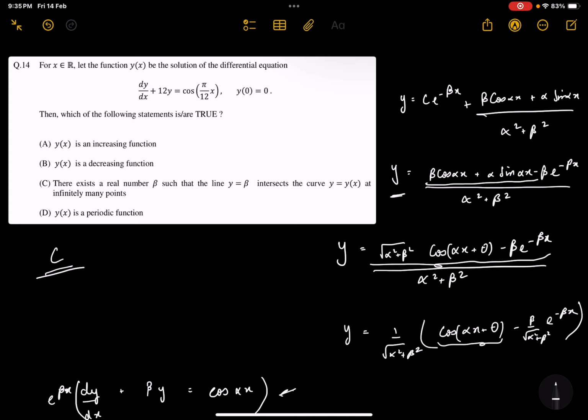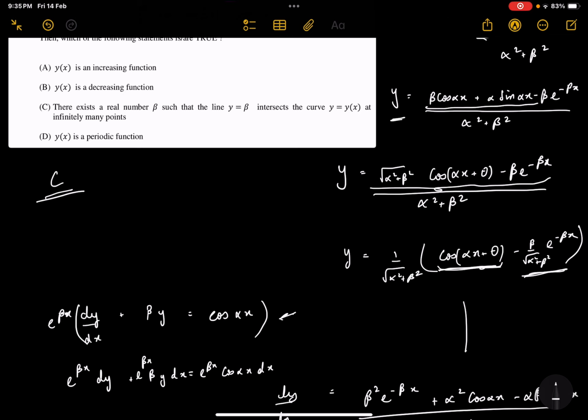So the argument here is, when x is sufficiently large, this thing will be less than 1, and when this thing is less than 1, we will have many solutions with cos(alpha x plus theta). So for reference, this graph is something like this, and we'll have many solutions.